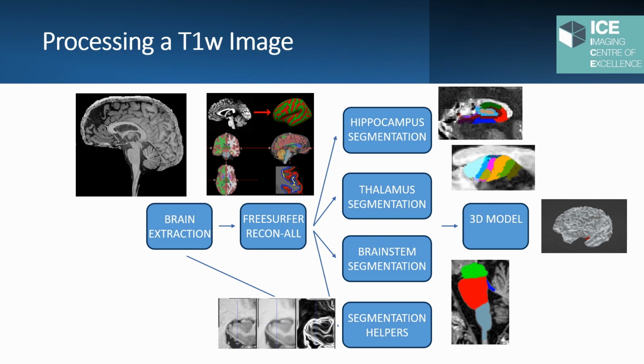And once we have this, we can then do further segmentation on deep brain structures like the hippocampus, the thalamus, and the brainstem using FreeSurfer's automatic tools. We also have functions for creating images for helping us do manual segmentations or helping us correct some of these automatic segmentations. And finally, we have a function for turning any of these segmentations into 3D models for the purpose of data visualization.